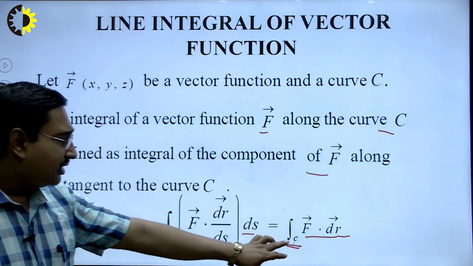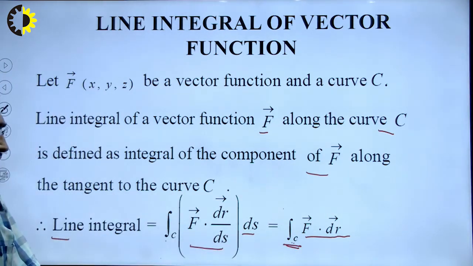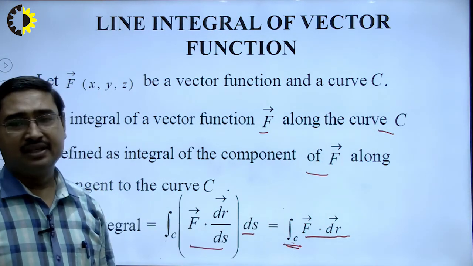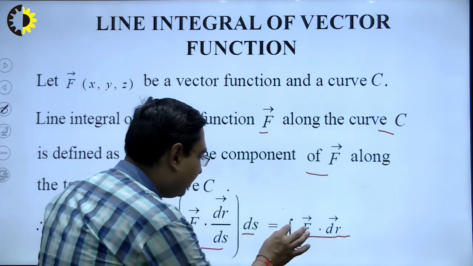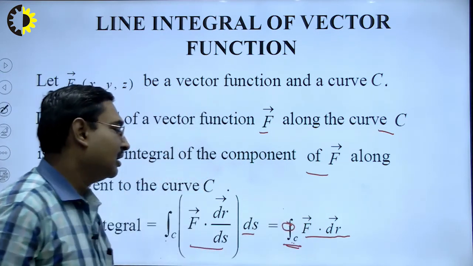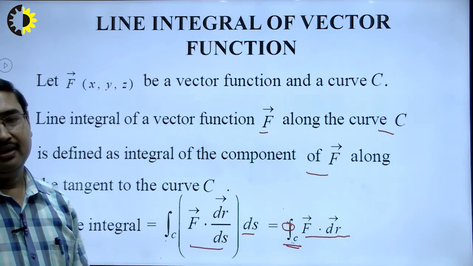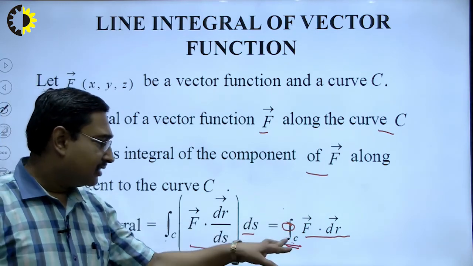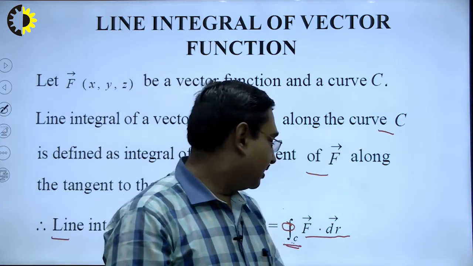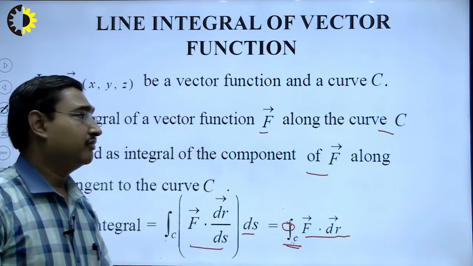Sometimes when we are sure, or we are informed, that this curve C is closed, then we shall make a small circle crossing this integral sign, and it will indicate that this integral is taken along a closed curve.